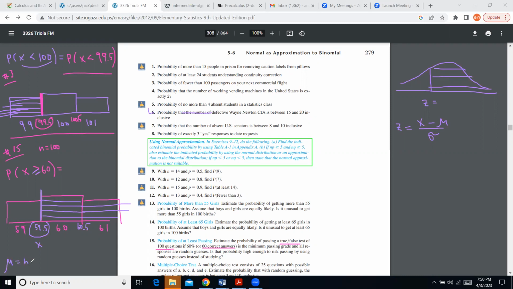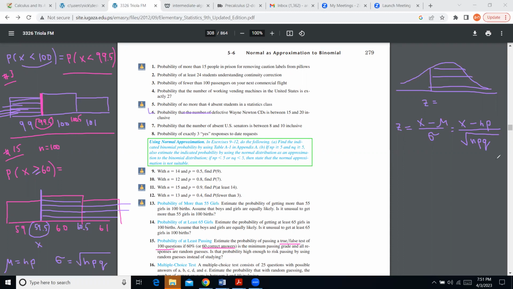It's n times p, remember? And the standard deviation is the square root extracted from n times p times q. These two formulas are what I'm going to utilize here. I'm going to replace them into the z-score formula. So instead of the mean, on the top I'm going to subtract n times p, and instead of the standard deviation on the bottom, I'm going to have a square root extracted from n, p, and q.